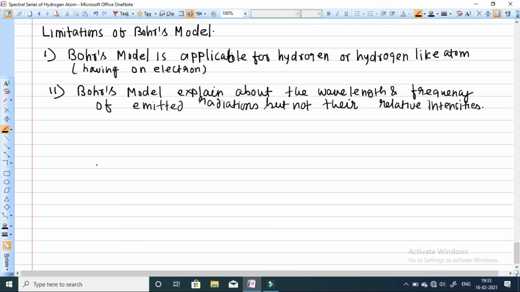The third limitation is that it does not explain why only circular orbit is possible or chosen. We can take an elliptical orbit, as we have seen in Kepler's law of planetary motion.